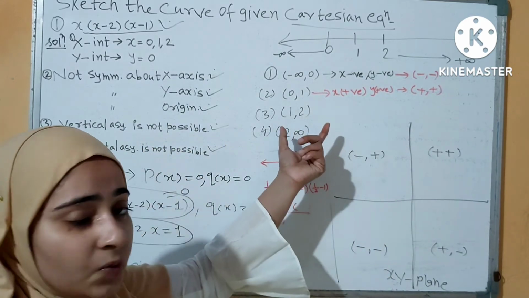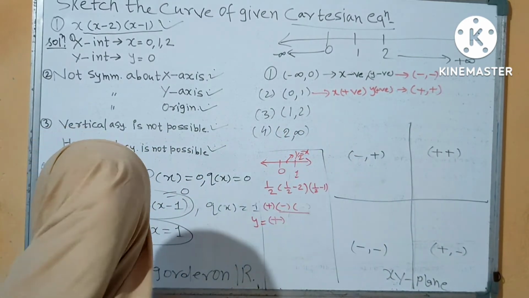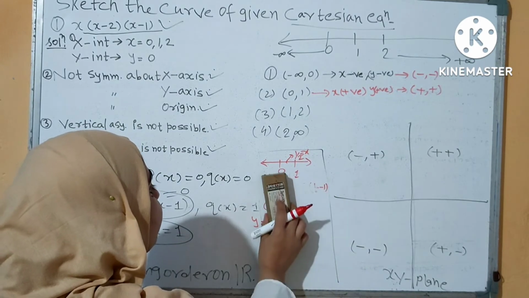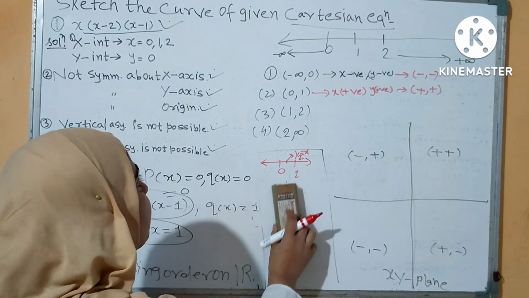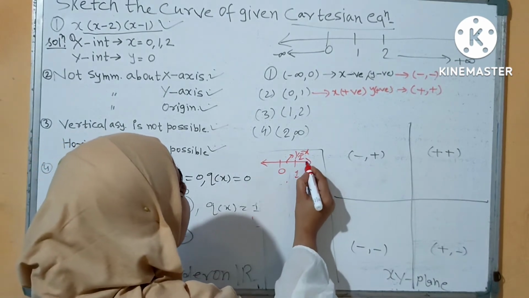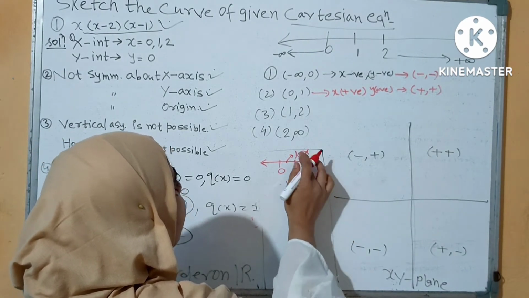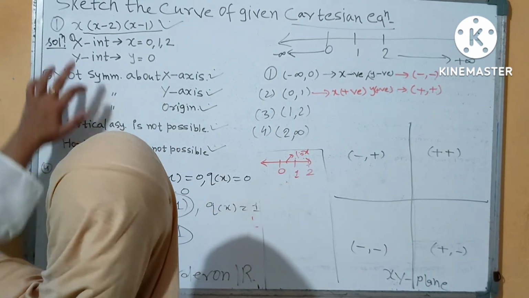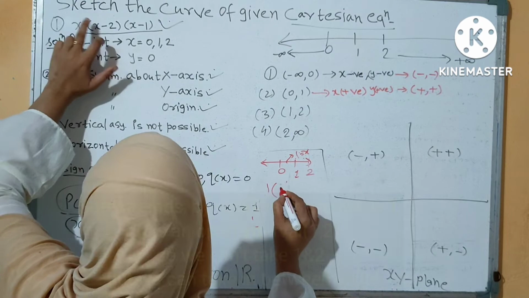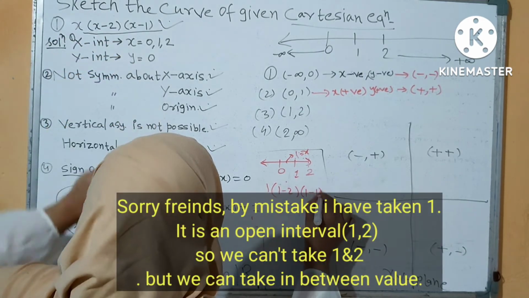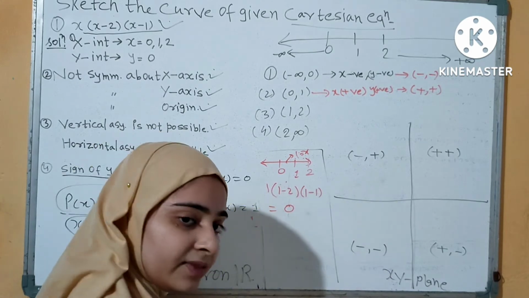Now friends, second one. Now you are in the interval of 1 and 2. That means you are again in the positive interval. So what can you say about 1 and 2? Consider the value of x will be 1. So it will be 1, 1 minus 2 and 1 minus 1. So it will be 0.